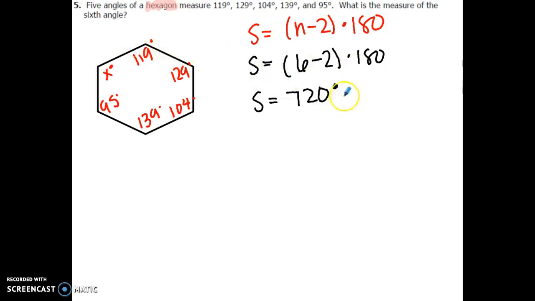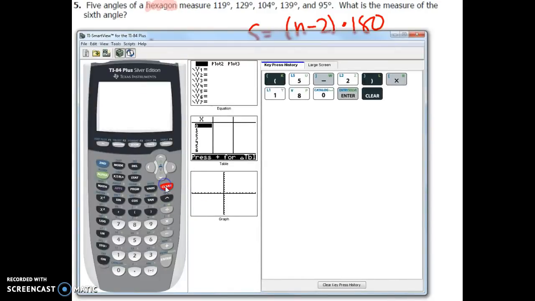So you could either do 720 and then on your calculator subtract 119, 129, 104, 139, and 95 and see what you are left with, or you can just add these up and then subtract them from 720. I'm going to just add them up and then subtract them.